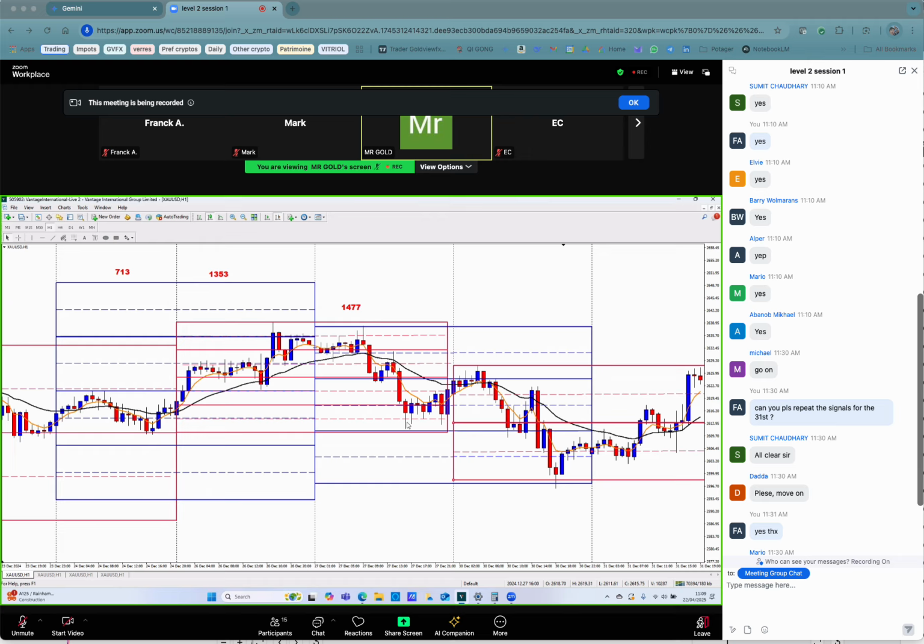And then the strongest form of continuation we get is when we also have EMA 5 cross and lock, because EMA 5 also gives us confirmation of a continuation. Candle body close also gives us a confirmation of a continuation, and wicks give us rejections. So wicks give us rejections, body close gives us continuation.